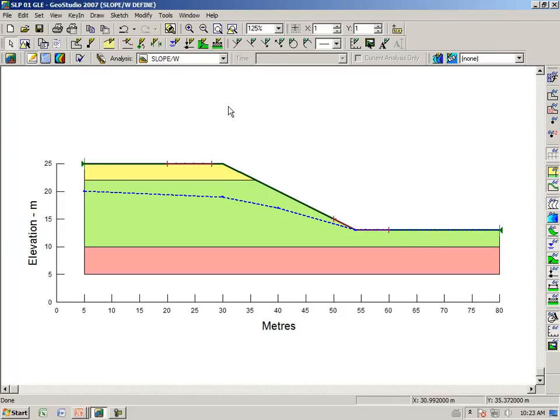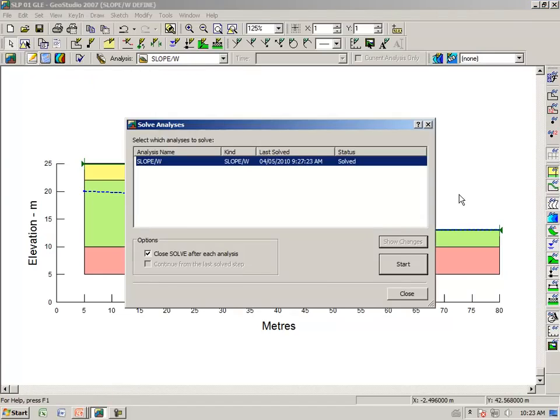If your particular problem does not have the Spencer method, then select the Spencer method, and after you have done that, let us click on the Solve icon and resolve the problem.